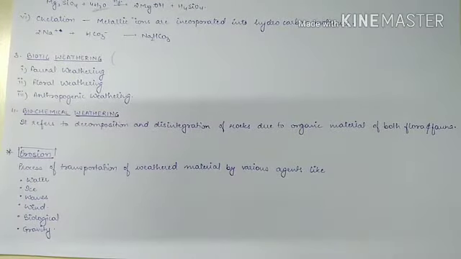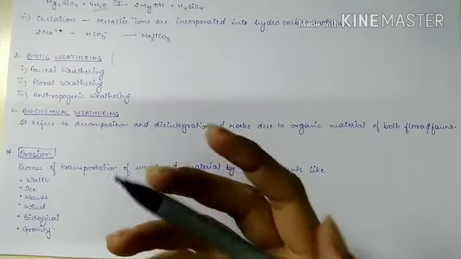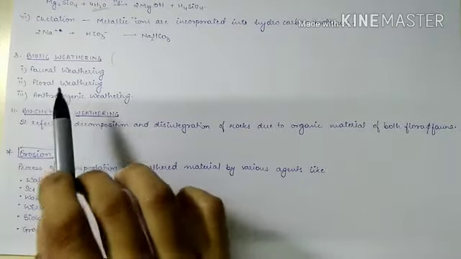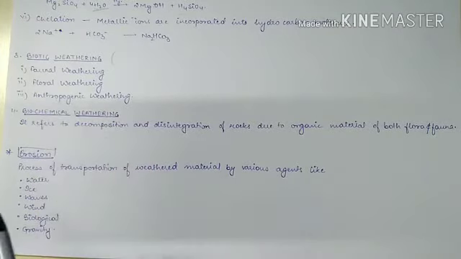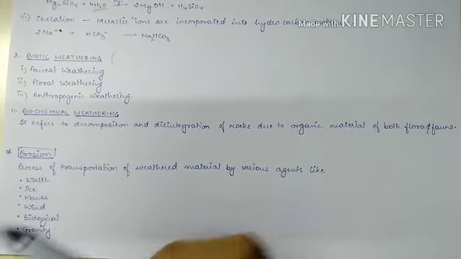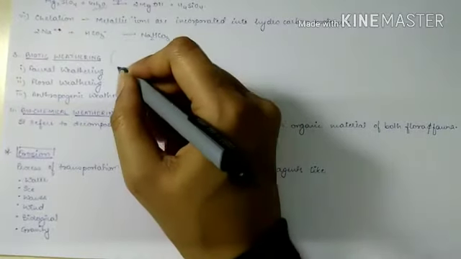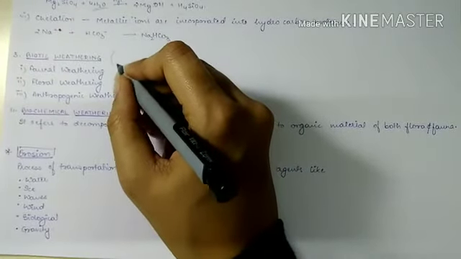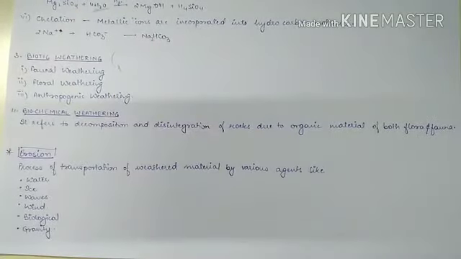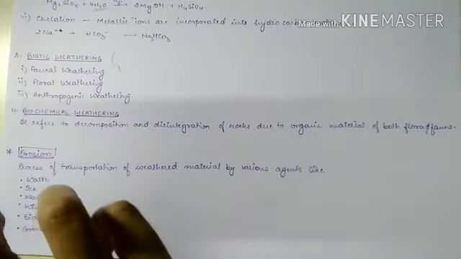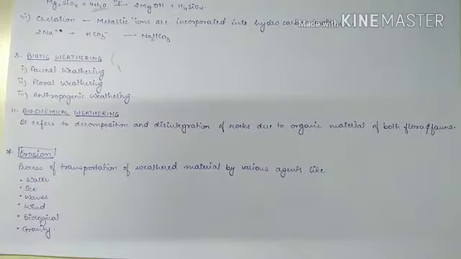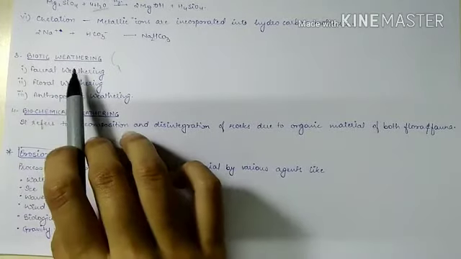We have basically three types of weathering in biotic weathering. First is faunal weathering. Faunal weathering is by burrowing animals, worms, etc. What they do is they develop a hole or something like that, and because of which the rock is disintegrated. So this is known as faunal weathering.